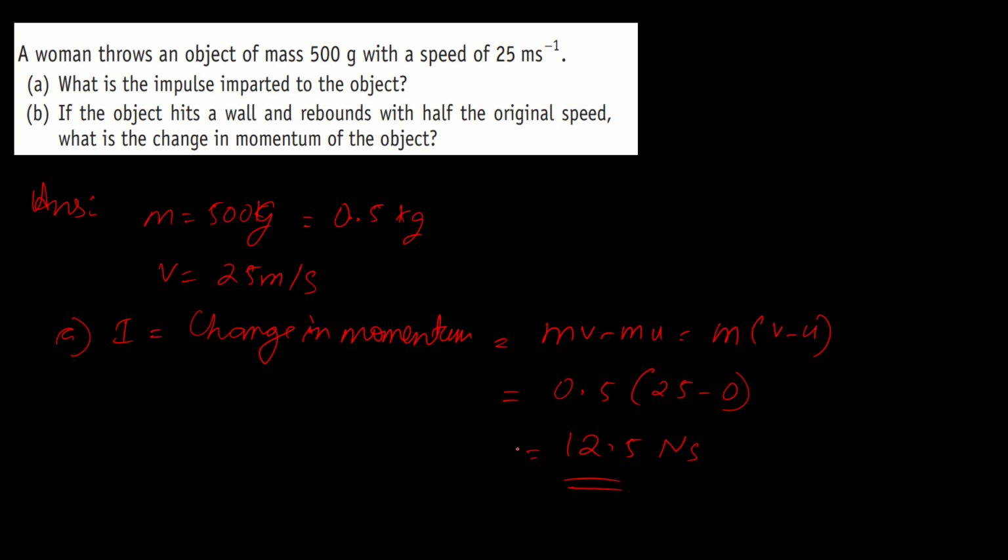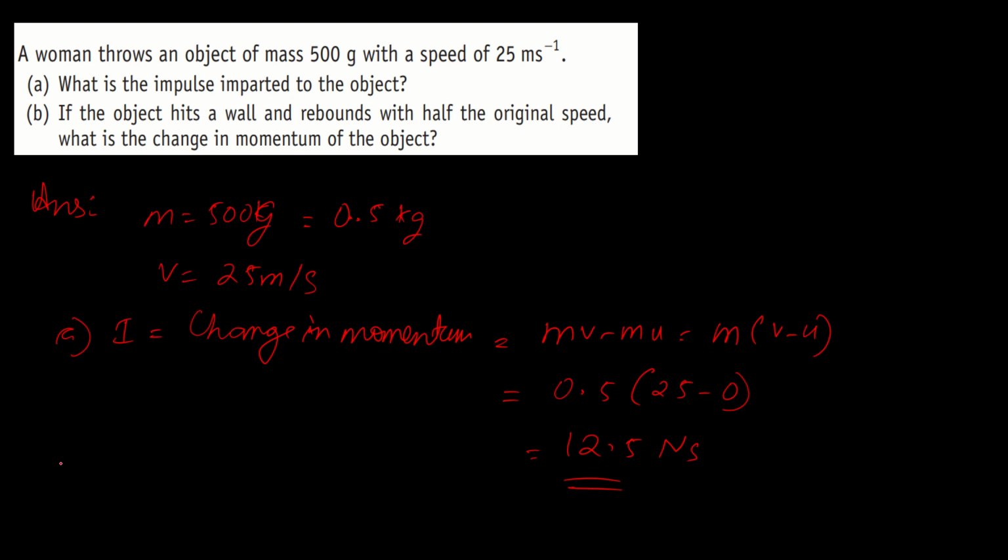Here the given speed is not u, it will be v, because after the woman throws an object of mass 500 grams with the speed of 25 meters per second, the final velocity will be 25 and the initial velocity will be 0.